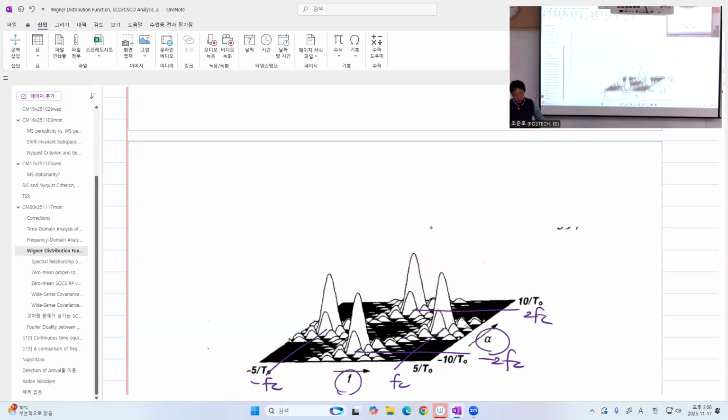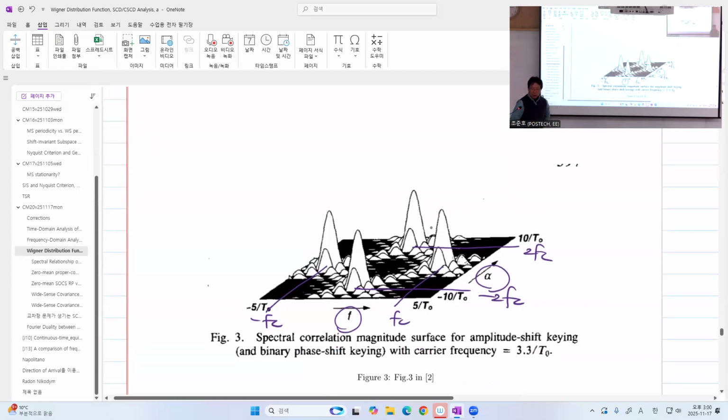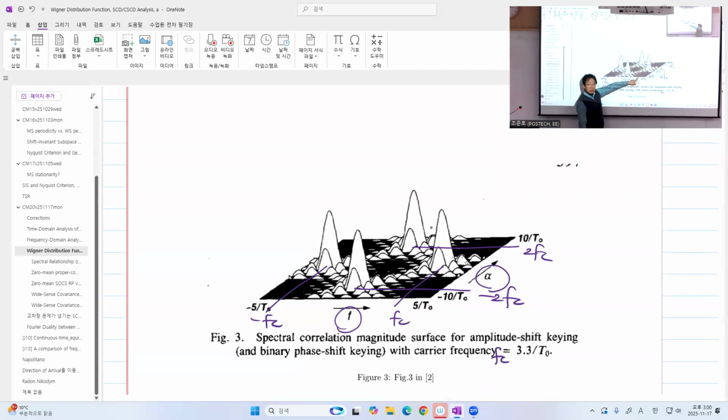So let's see. So here, carrier frequency, Fc, is chosen 3.3 over T0. So it looks like this value is 3.3 over T0. What about that? 6.6 over T0, right? And actually, it was the SCD, spectral correlation density, of the BPSK signal carrier modulated.